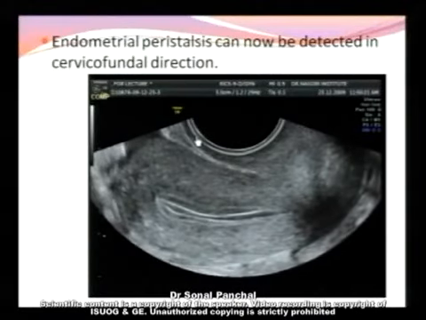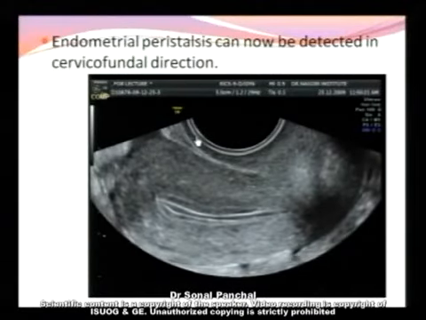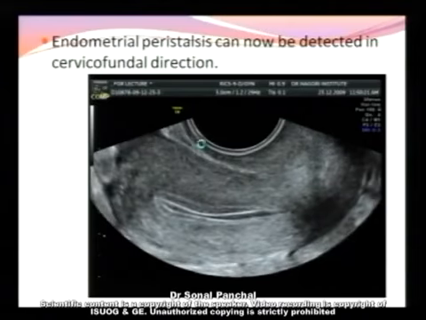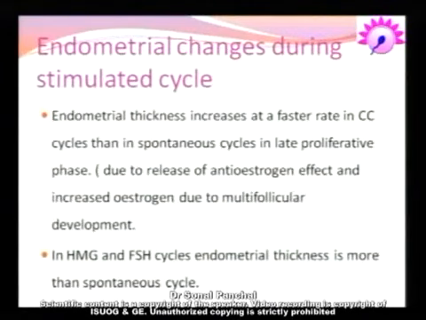It is important to know that the endometrial peristalsis now detected, that means after the 7th to 8th day of the cycle, when the dominance of the follicle has already been decided, is in the cervicofundal direction rather than the other way around in the earlier phase of the menstruation. The endometrial changes, though, during the stimulated cycles are little different.